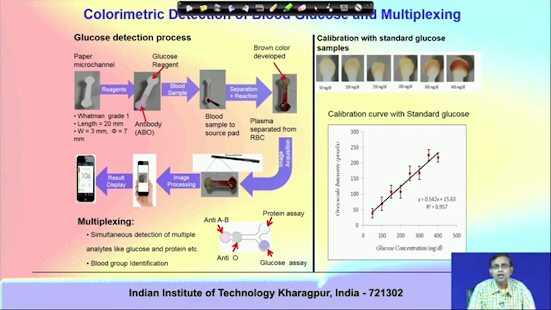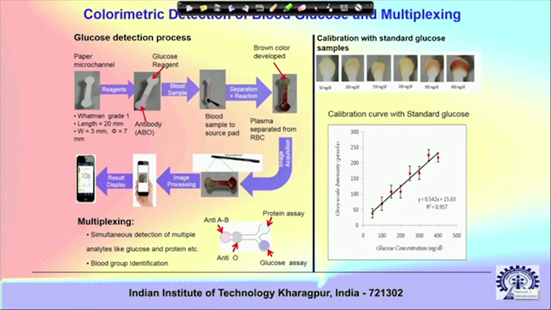Now, what we plot in the graph below, which is very important, is the grayscale intensity of the images versus the glucose concentration. So, we make a mapping of this and a calibration curve. Now if we get an intensity from another image that is taken, we plot that data point in this graph.